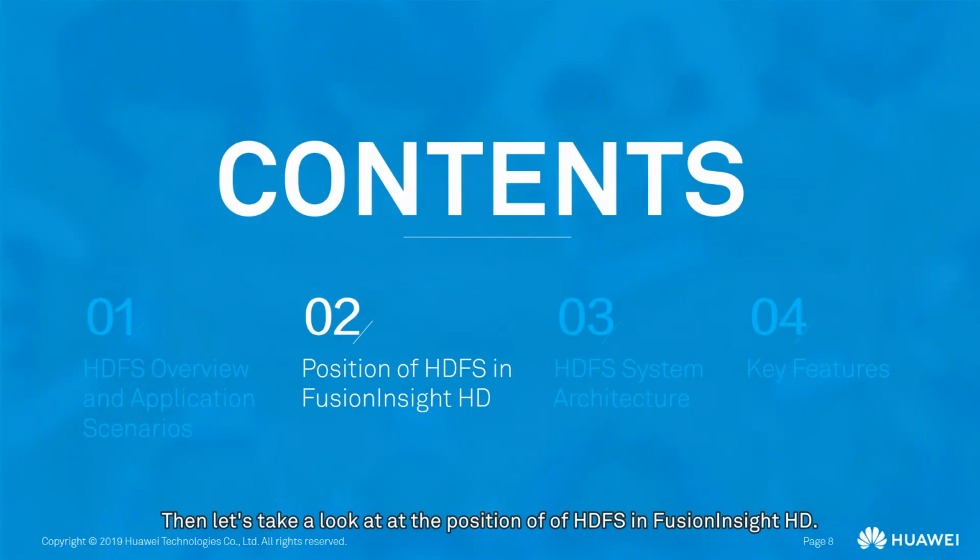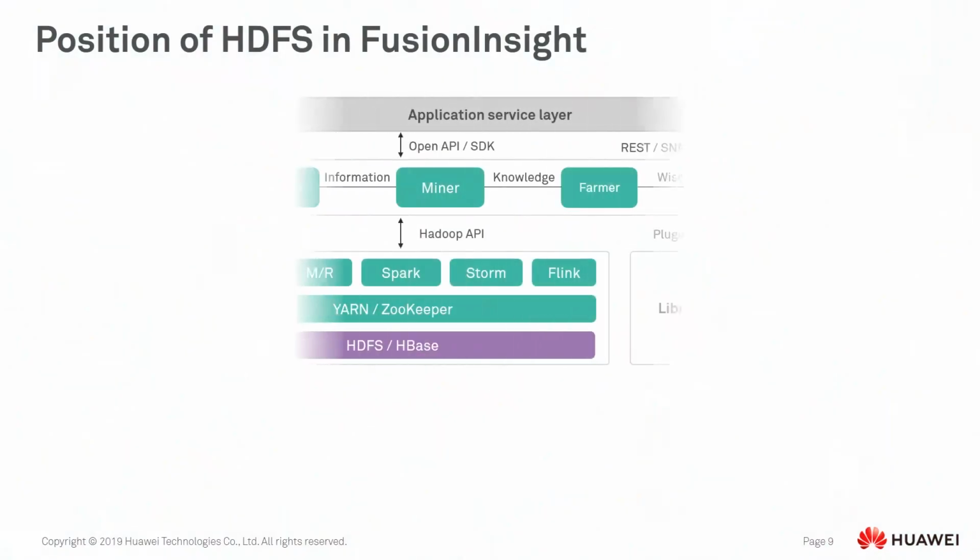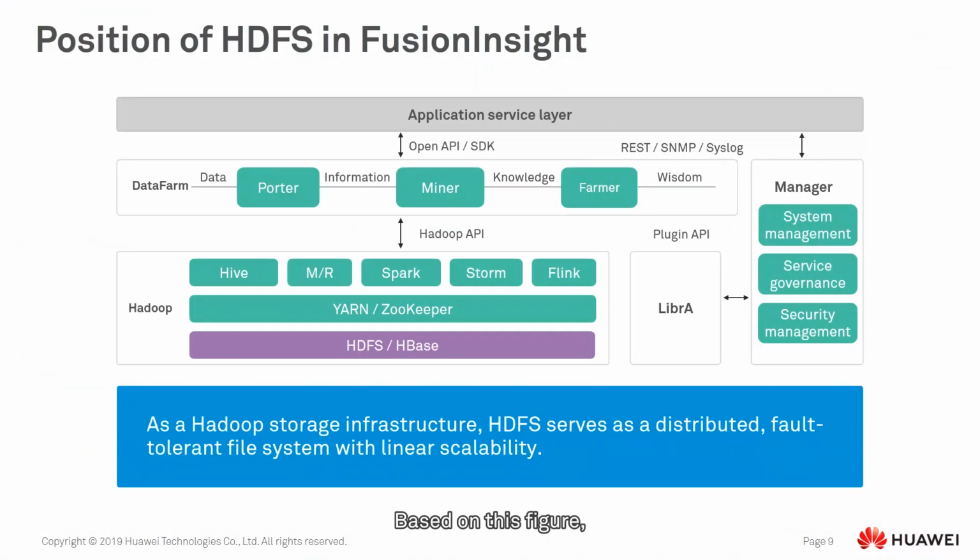Then let's take a look at the position of HDFS in Fusion Insight HD. Based on this figure, we can see that HDFS works as the Hadoop data storage infrastructure with high fault tolerance and high throughput, and it can store large files, so it's on the bottom of the Hadoop architecture.